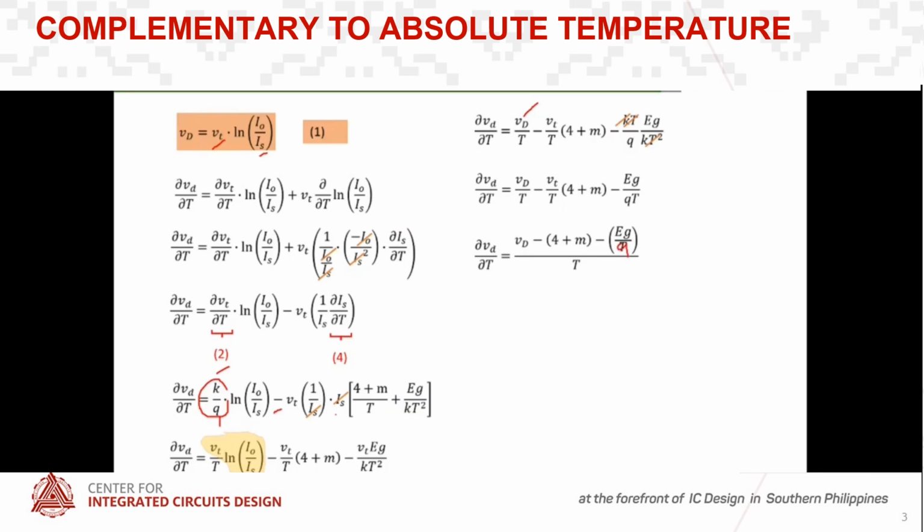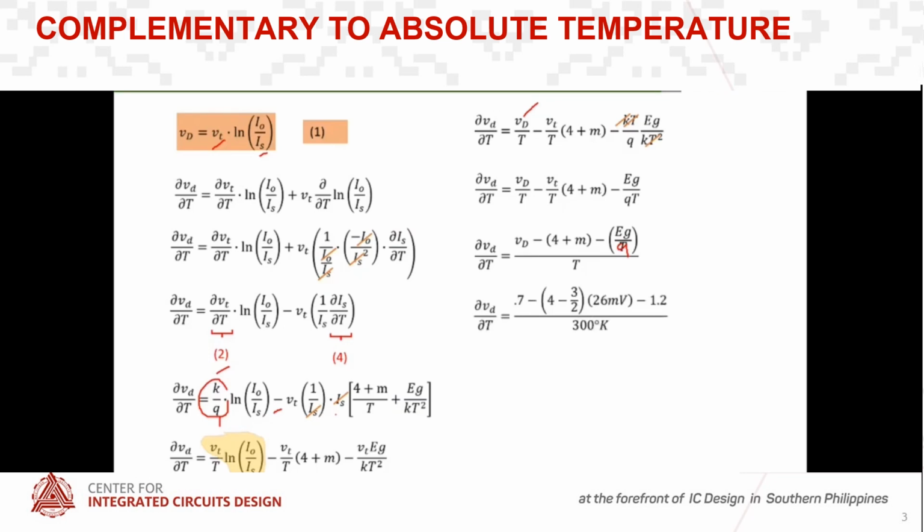So we have the ideal values for Vd and Eg over q, which is the bandgap value, and Vd is the ideal diode voltage. We can get the change of the diode voltage with respect to temperature by substituting those values.